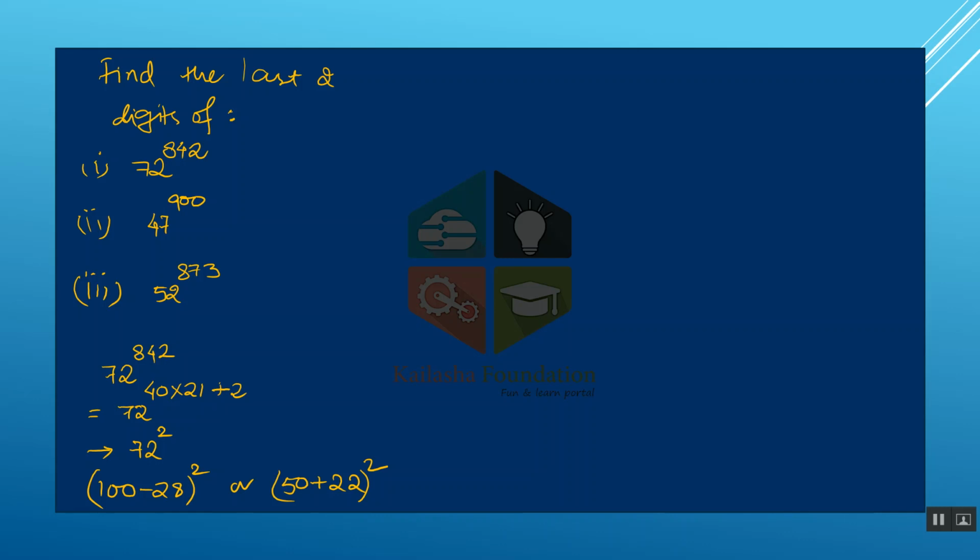So 100 plus or minus this, or 50 plus or minus this, for even powers, in all these cases 72 square, 28 square, and 22 square, the last two digits of all these will be same. 22 square is 484, 28 square is 784, and 72 square is 5184.